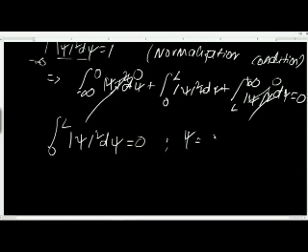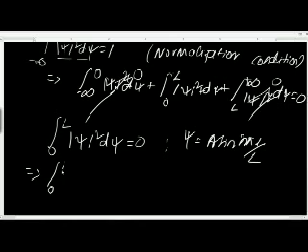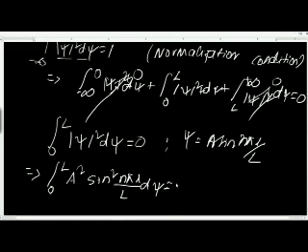Psi is nothing but A sine of n pi x divided by L, right? I know that. So if I replace this psi here, 0 to L, A square sine square of n pi x divided by L into d psi is equal to 1. Right? So it's very simple.